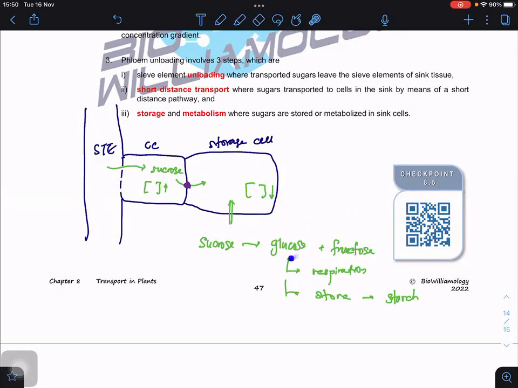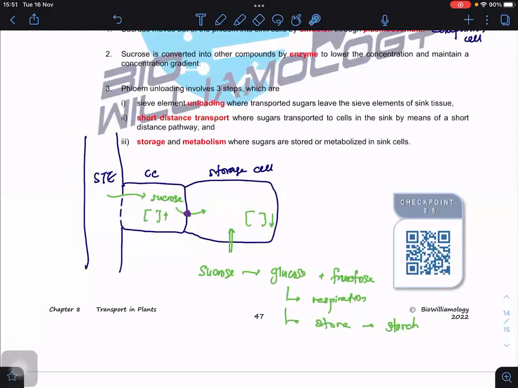By removing glucose, sucrose continues to be broken down. Therefore, we can maintain a steep concentration gradient. So sucrose always enters into the storage cells, and we break it down for respiration and storage. Okay, so with this, I've finished the lesson for today.